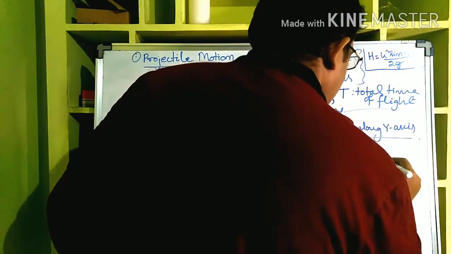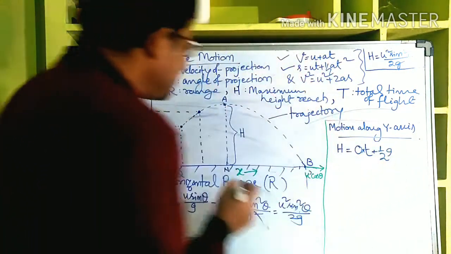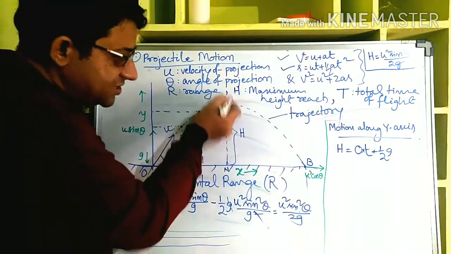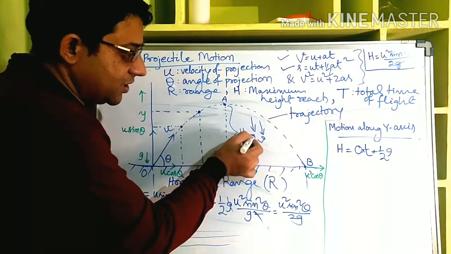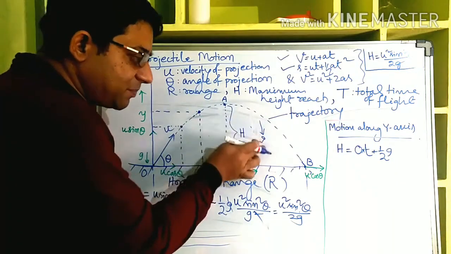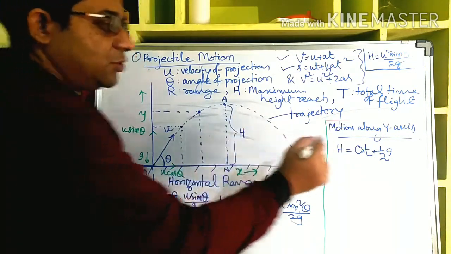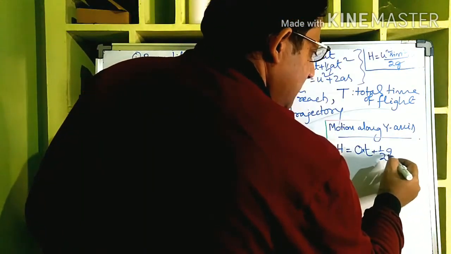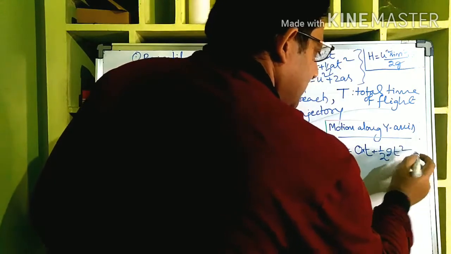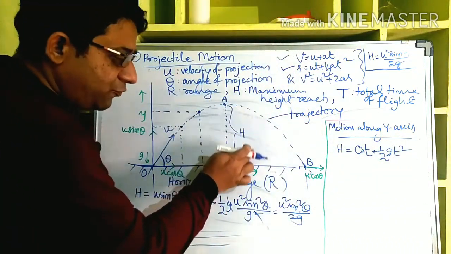multiplied by whatever time is required, t, plus half g. Now see, acceleration is plus g because it is moving in the downward direction, and g also is in the downward direction only, so acceleration is nothing but plus g. So s is equal to ut plus half a, which is g, t square. This t is how much time is required to fall.